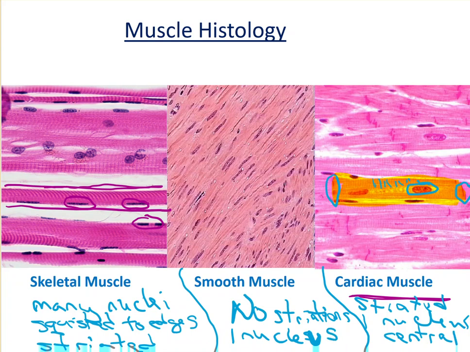Your smooth muscle, as you can see here, looks very different from both your skeletal and your cardiac muscle. Because you are not trying to compare this to your dense regular connective tissue, which is what this looks most similar to, you're going to be able to identify it more easily because you're just having to compare it to the skeletal and the cardiac muscle here.